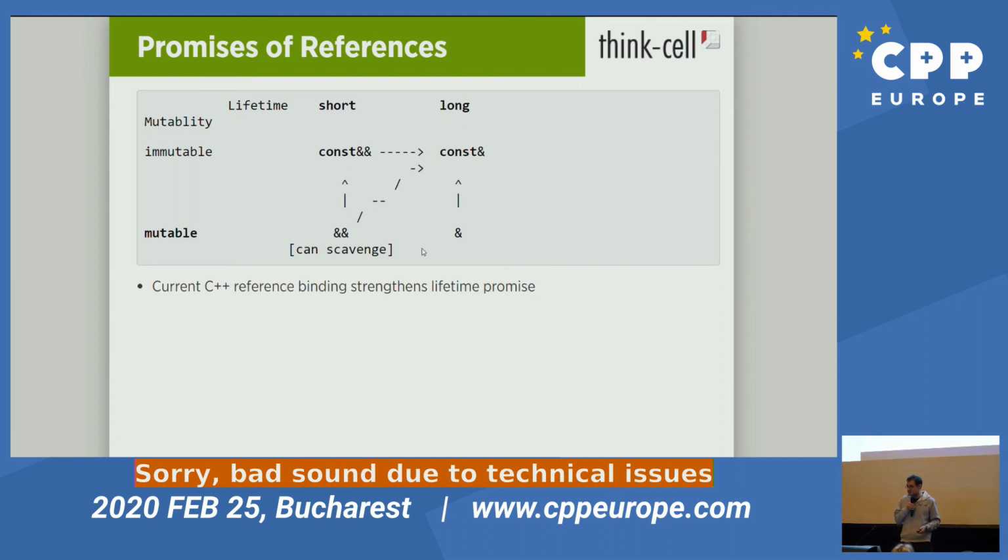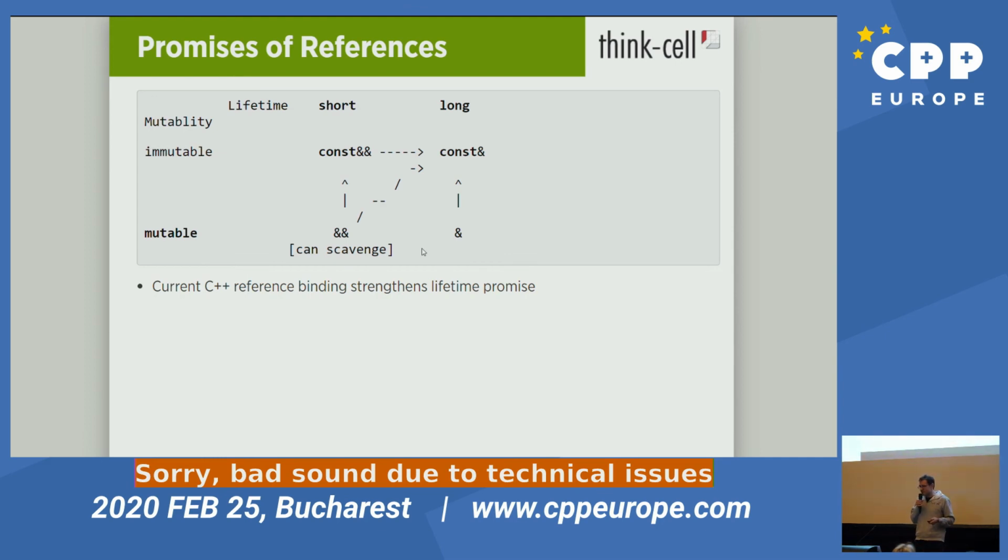These are the conversions that we currently have. An L-value reference can turn into a const L-value reference. The R-value reference can turn into a const ref and into a const R-value reference. You cannot turn an L-value reference into an R-value reference. It looks okayish, but the problem is that you would scavenge resources from it. You would break that L-value reference. That's why we cannot allow this.